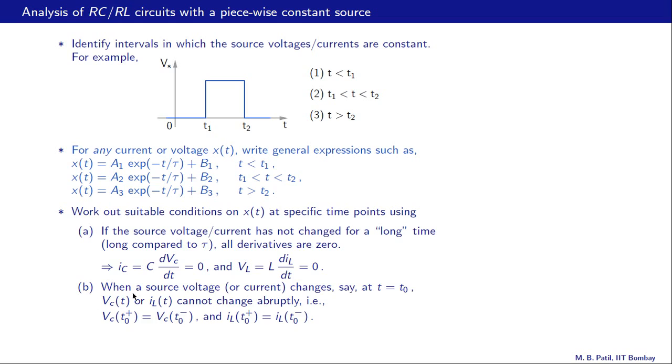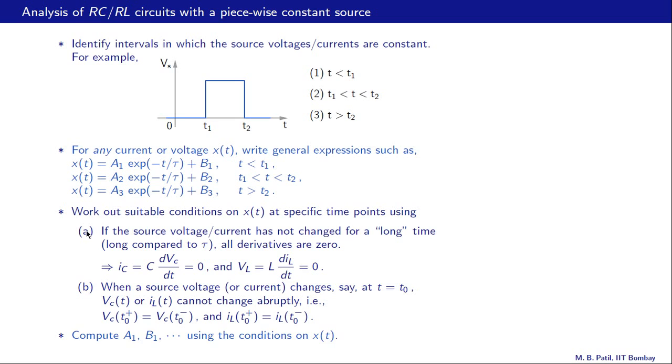B, when a source voltage or current changes, say at t equal to t0, in this example t0 would be t1 or t2, then the capacitor voltage or the inductor current cannot change abruptly, as we have seen earlier. That means the capacitor voltage at t0 plus must be equal to Vc at t0 minus, and in an RL circuit, the inductor current IL at t0 plus must be equal to the inductor current at t0 minus.